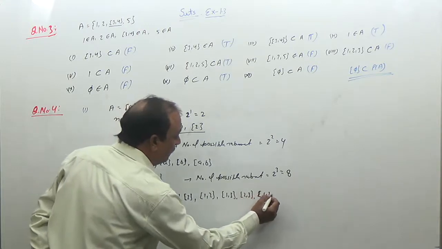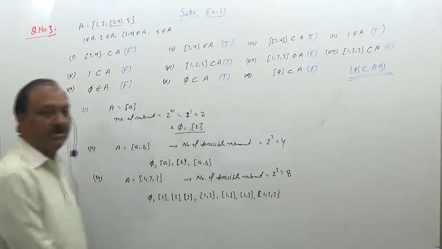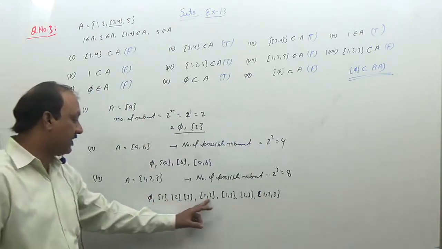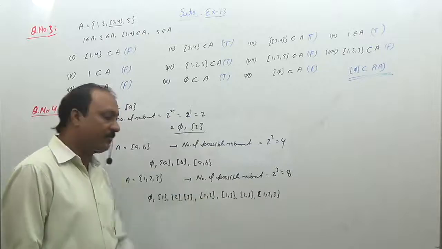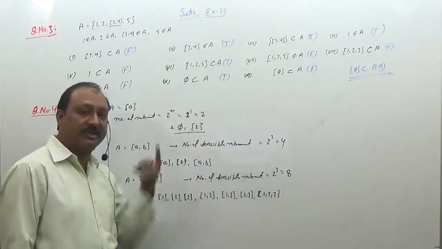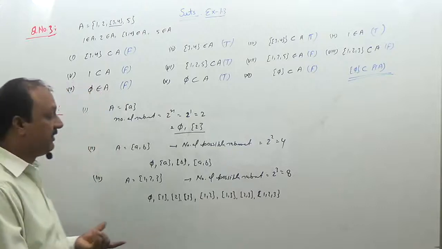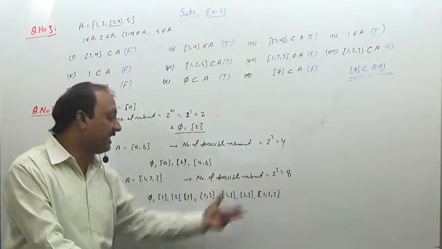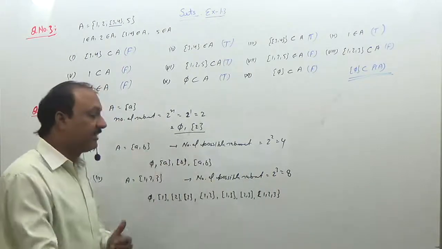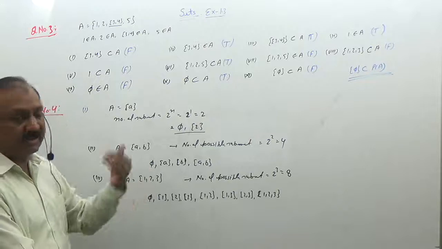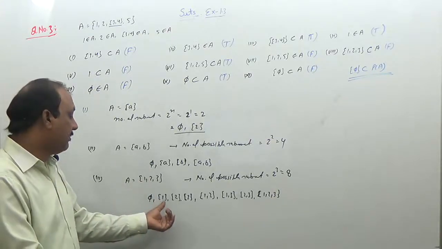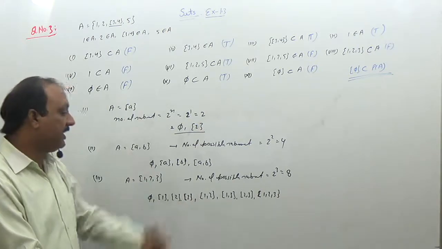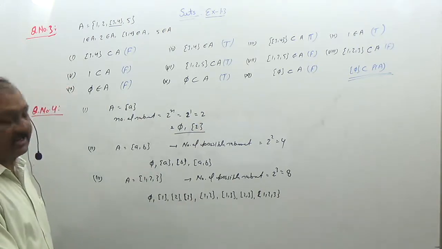And last is itself, 1, 2, 3. So there are 8 possible subsets. First find the number of possible subsets with the help of 2 raised to the power n, where n means number of elements. There are 3 elements, so there are 8 possible subsets in which 2 subsets are standard: one is the empty set and second is the set itself, and others by taking one element at a time and the other by taking 2 elements at a time.